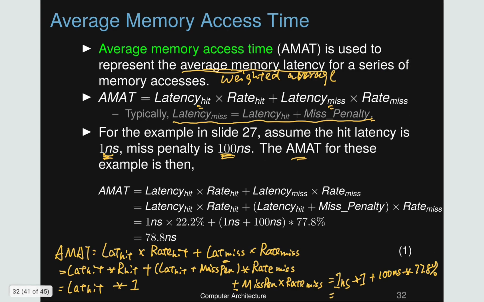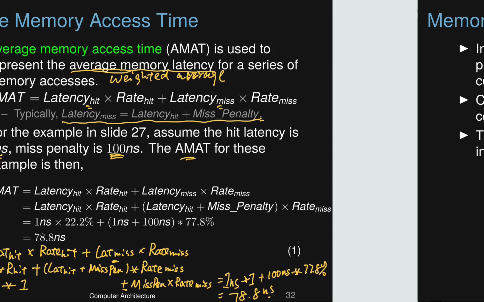It gives us an average latency of 78.8 nanoseconds. And this 78.8 nanoseconds is the average memory access time for the 9 accesses that we did previously.